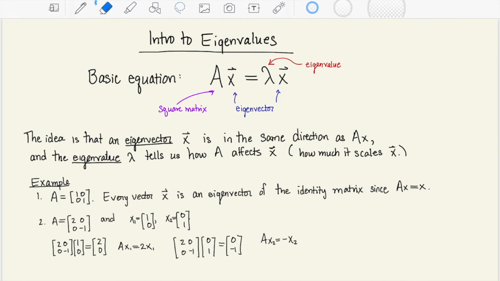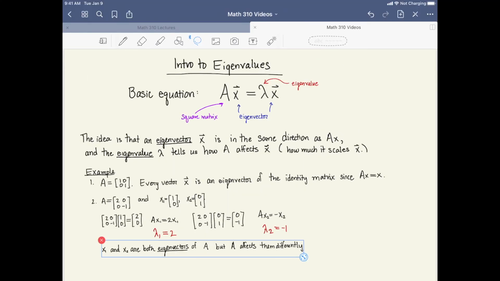So what we would say here is that the first eigenvalue, lambda 1, is 2, and the second eigenvalue, lambda 2, is minus 1, because those are the scalars that show up in this equation. Another thing that we are seeing here is that x1 and x2 are both eigenvectors, and A is being multiplied to each of them, but A affects them differently. In the case of x1, A stretches x by 2, whereas in the case of x2, A flips it around.